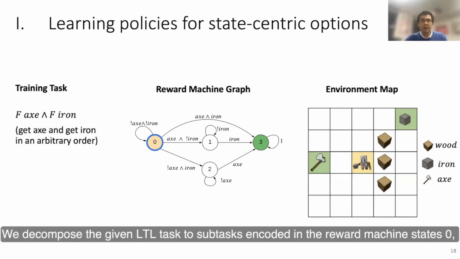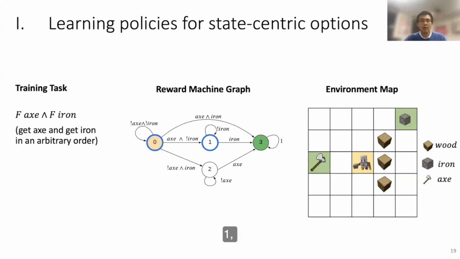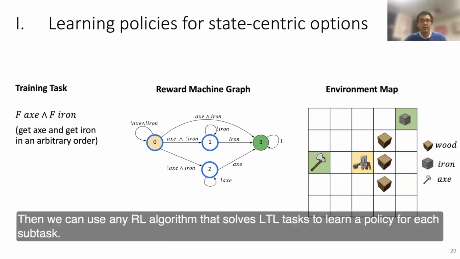We decompose the given LTL task to subtasks encoded in the reward machine states 0, 1, and 2. Then we can use any RL algorithm that solves LTL tasks to learn a policy for each subtask.